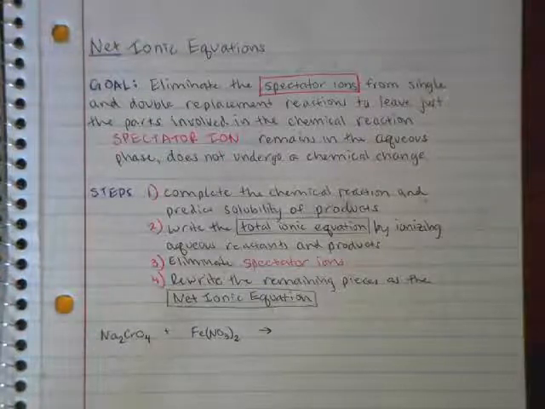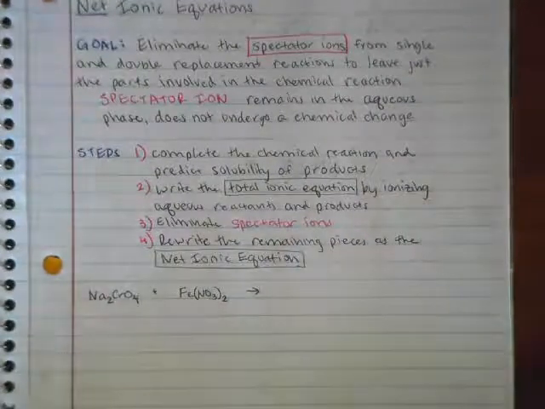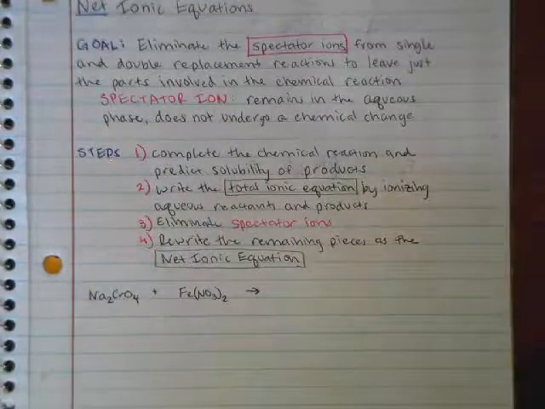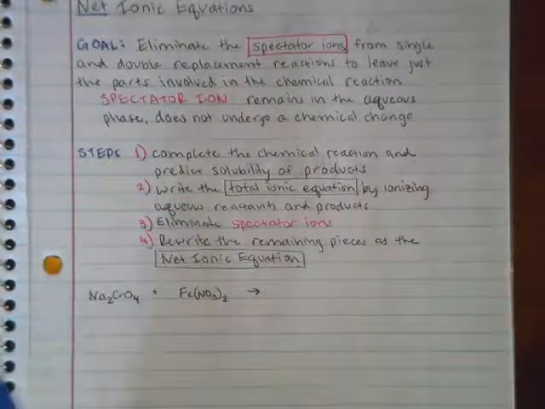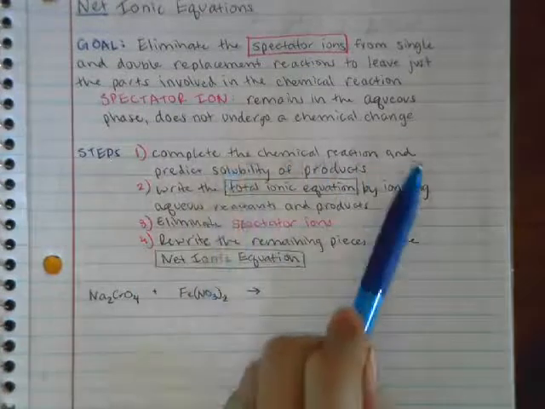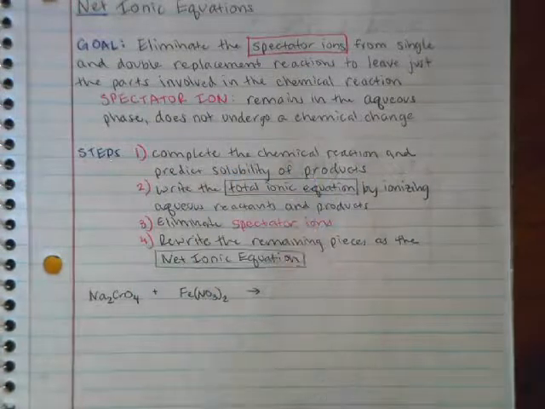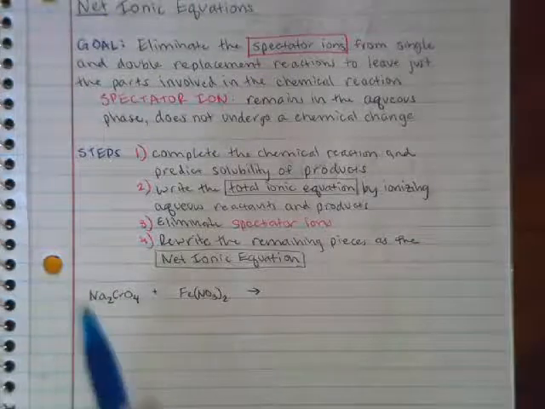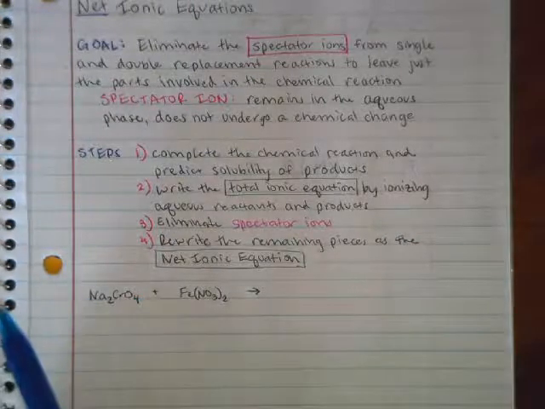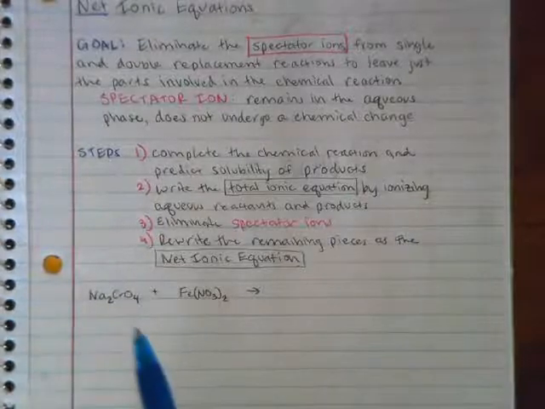But anyway, so let's dive into this. In order to take a double or a single replacement reaction and turn it into a net ionic equation, you need to do the following things, and I'm going to walk you through all of these. First, complete the chemical reaction and predict the solubility of products. You should be very good at that by this point. Next, you're going to write the total ionic equation by ionizing aqueous reactants and products.